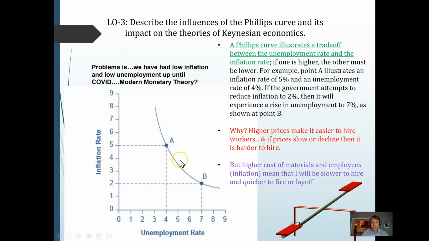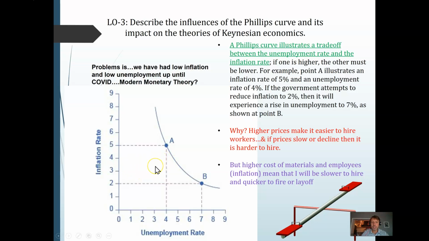We have to be on this line somewhere: we're either having higher unemployment, but we get low inflation, or we can have low unemployment, but we get higher inflation. So we have to make trade-offs between those two. It's what the Phillips curve says, and it actually does predict what we see a lot of the time.